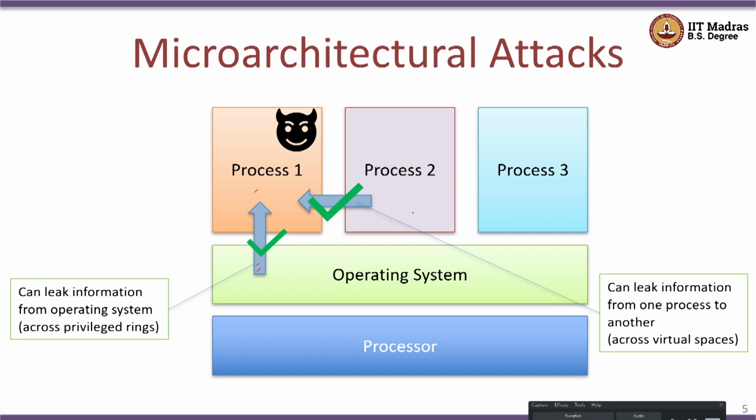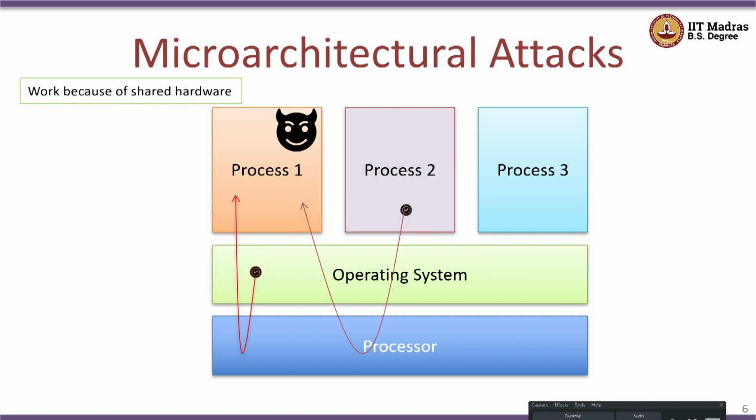In the same way, with the help of microarchitectural attacks, one process's data can be leaked to another process, in spite of having different virtual address spaces. Right. So, let us see how these attacks work.